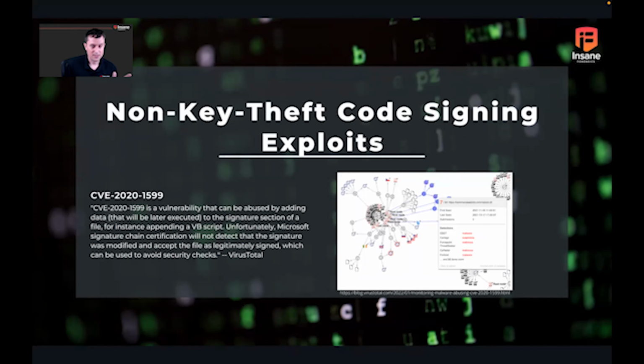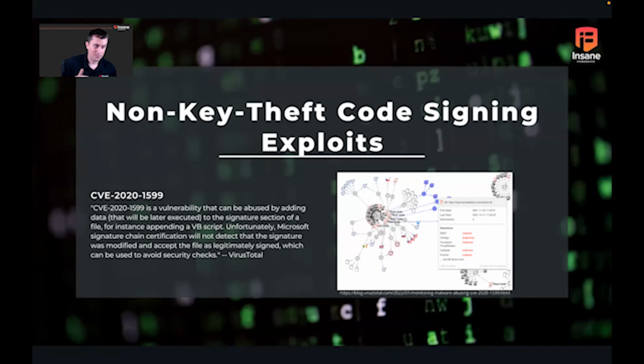Hopping in again, because we're not going to get too far down, we want to give the practical examples to help you understand. But we talked about SIP and CVE-2020-1599. Here we have some text from the VirusTotal blog. The link's below the image right there.